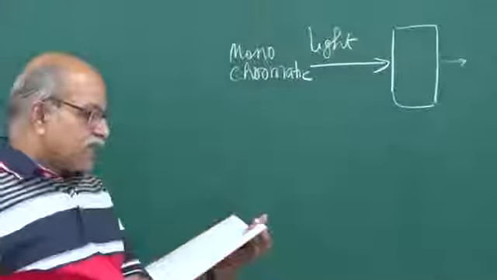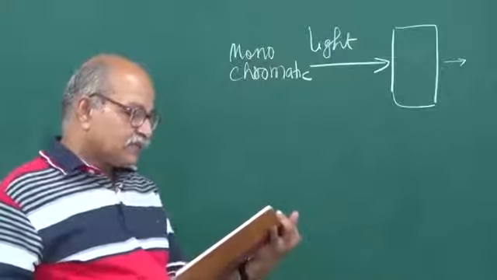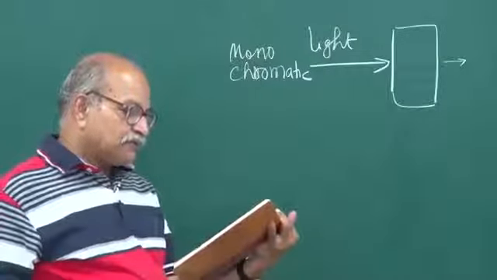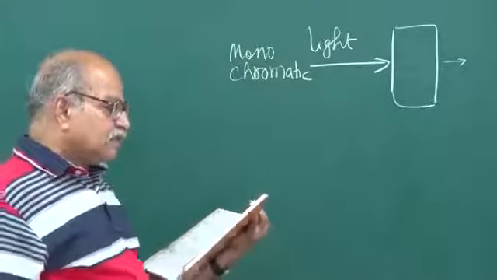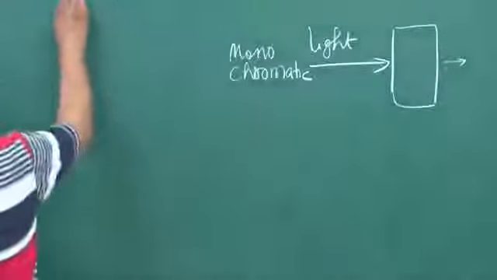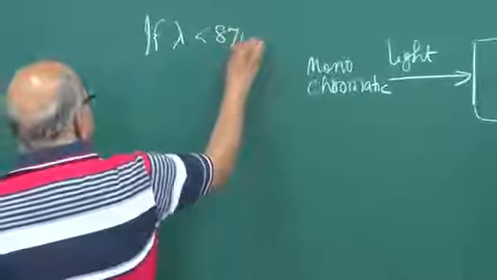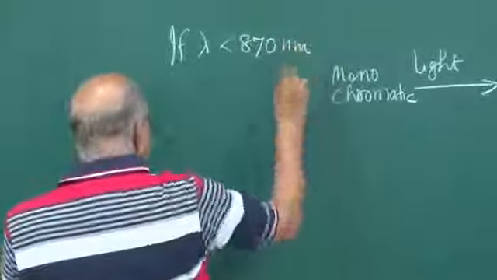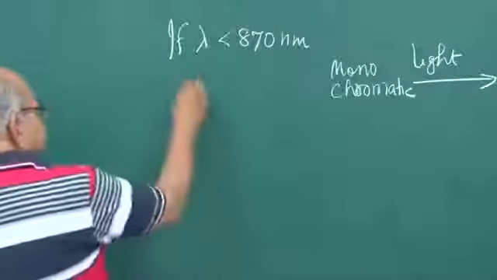So, the problem says that a monochromatic light is made to fall on a semiconductor, and it is found that if the wavelength is less than 870 nanometers, the semiconductor is opaque.